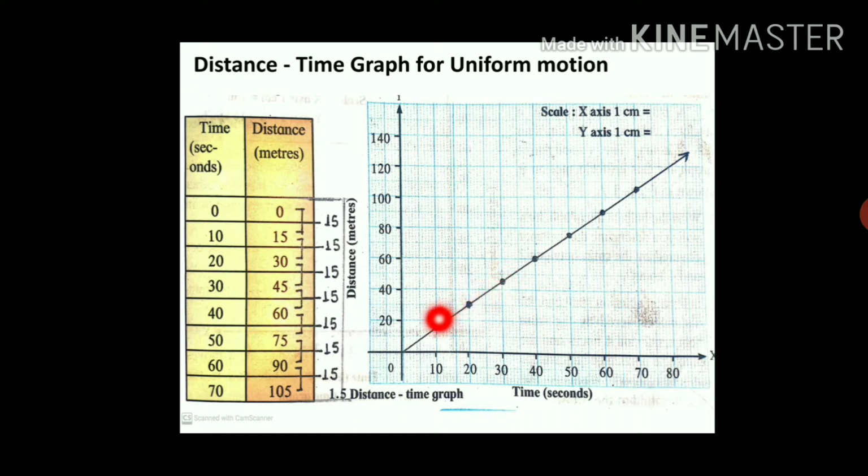We obtain a straight line when we join all these points, which means the distance time graph for uniform motion is a straight line graph.